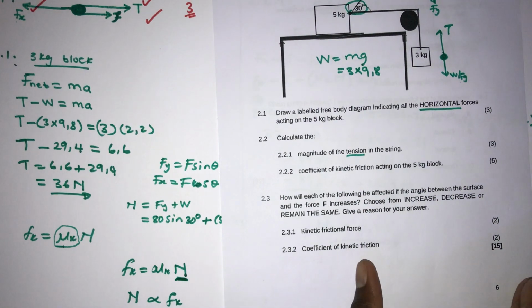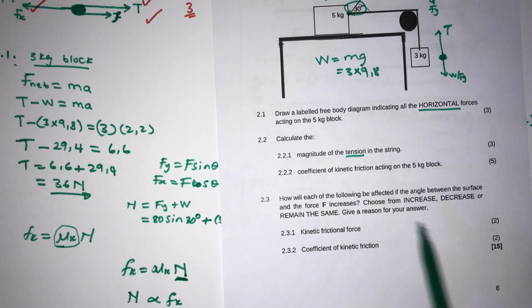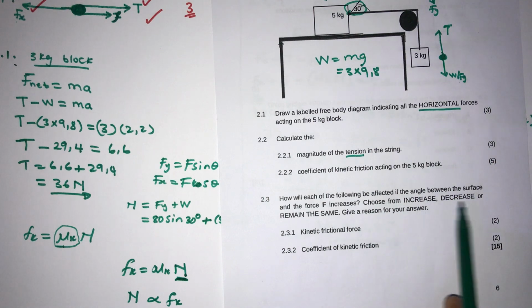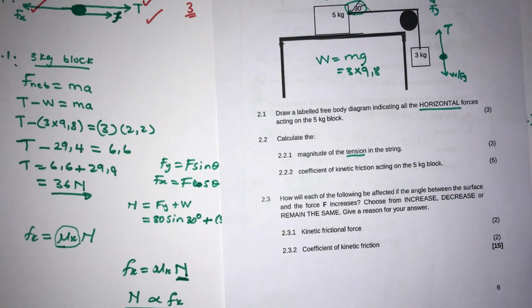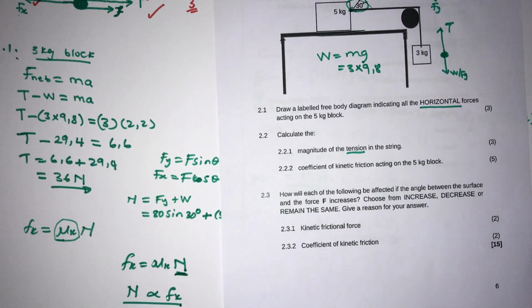So now the question says, choose from increase, decrease, or remain the same. Give the reason for your answer. So they're talking about the frictional force here. Since we're increasing the angle, normal force it will increase. Once the normal force increases, what's going to happen to the kinetic frictional force? The kinetic frictional force it will increase because they're directly proportional to each other.